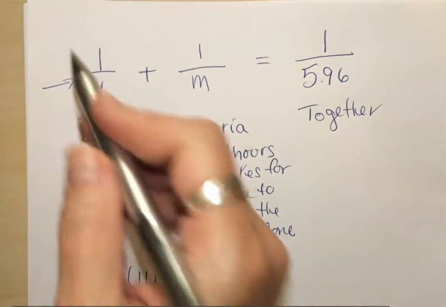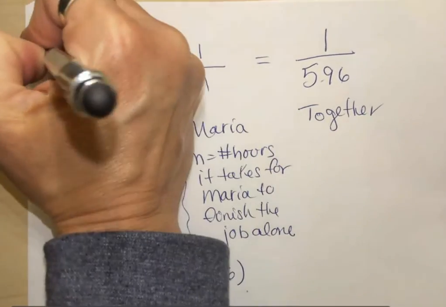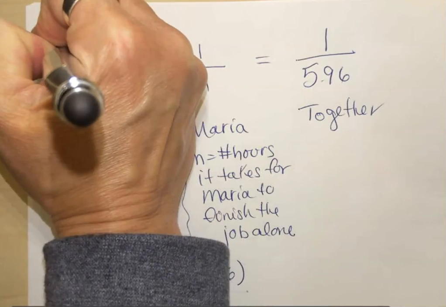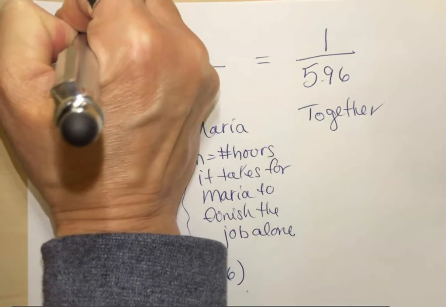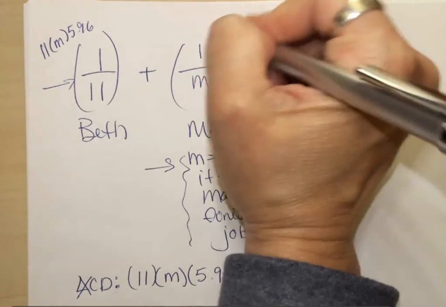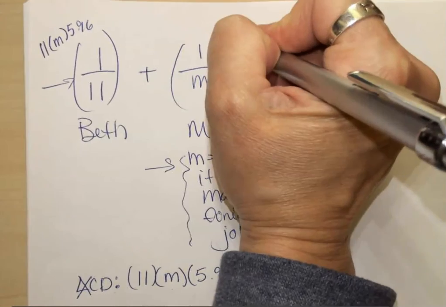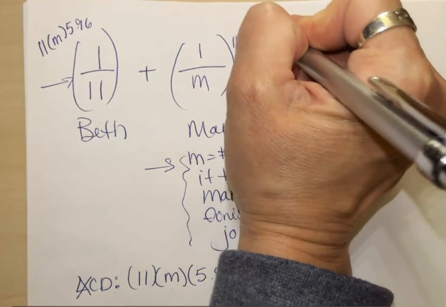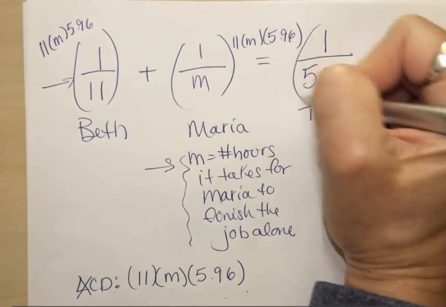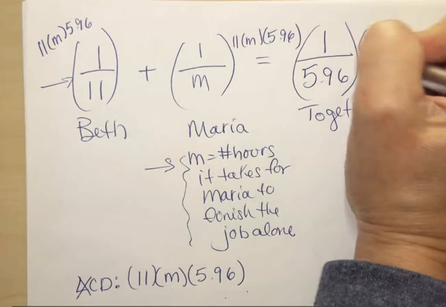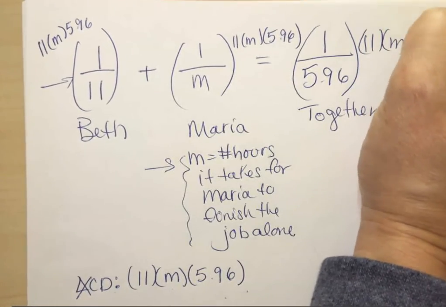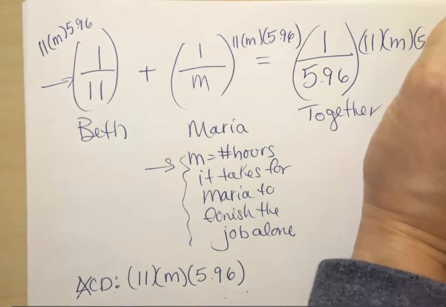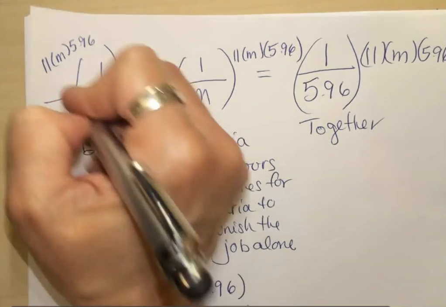So we're going to take this and multiply by each one. I have 11, I have m, and I have 5.96. Now that's not an exponent, that is just being multiplied. And so we'd end up with our 11s cancel.